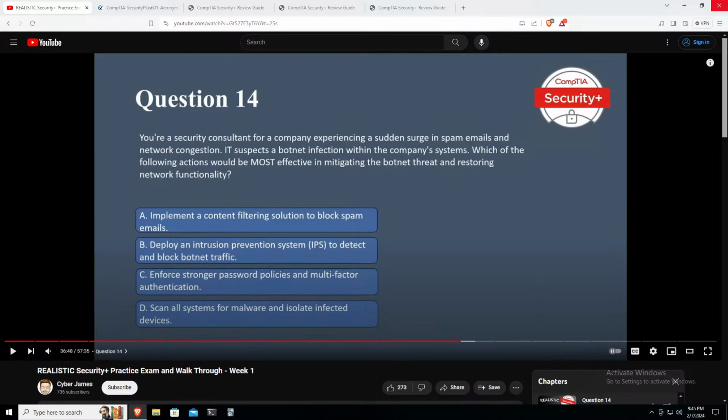So, as the security consultant, we notice our company is experiencing a sudden surge in spam emails and network congestion. IT suspects a botnet infection within the company systems. Which of the following actions would be most effective in mitigating the botnet threat and restoring network functionality?